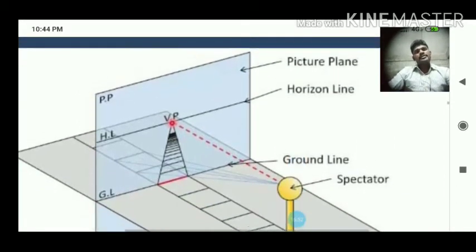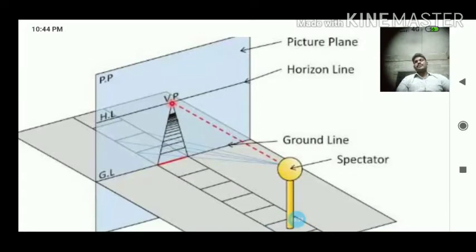Here I want to focus on the vanishing point. I already covered perspective projections and parallel projections in my last class. What is a vanishing point?